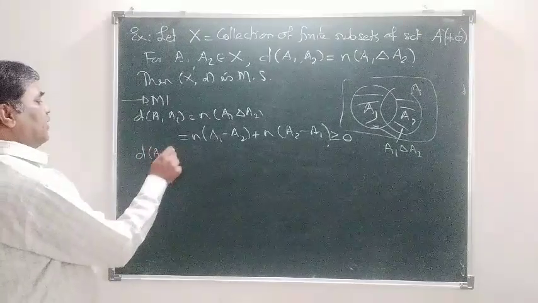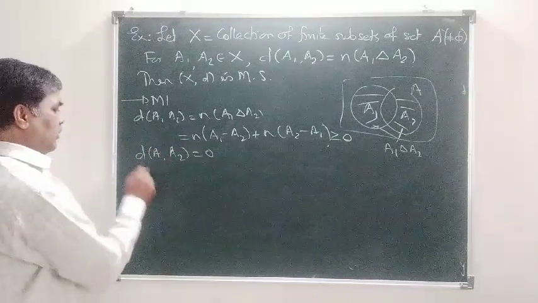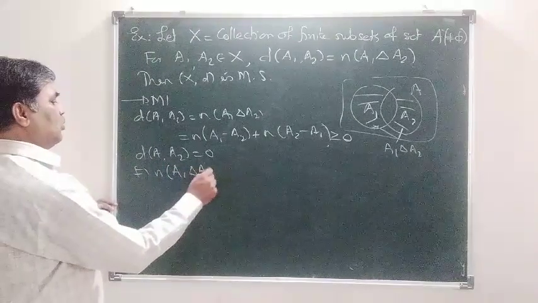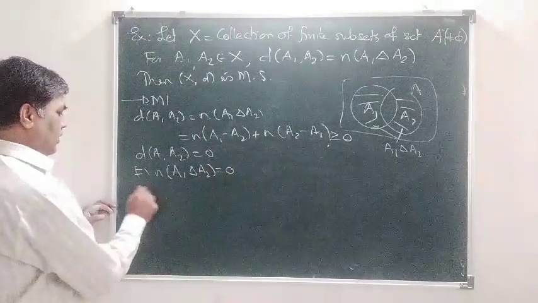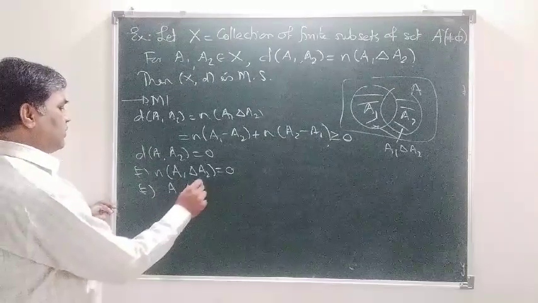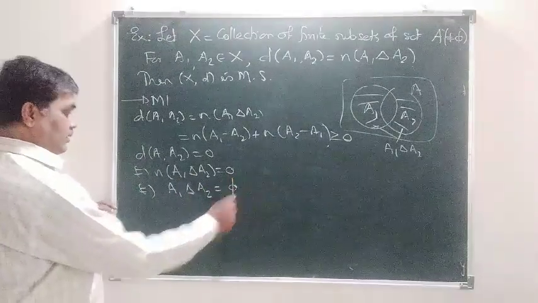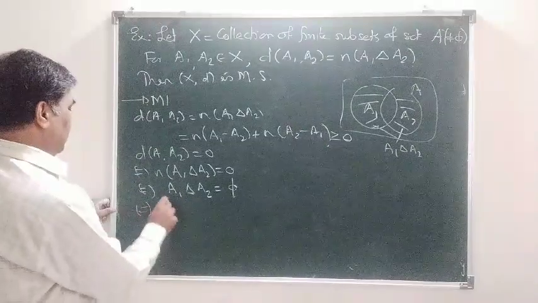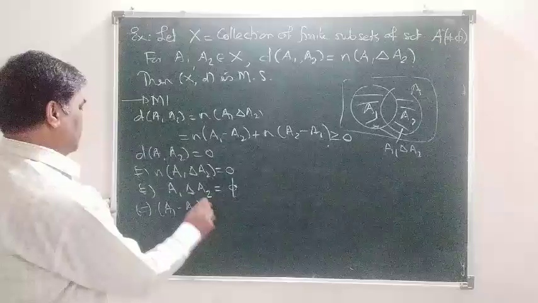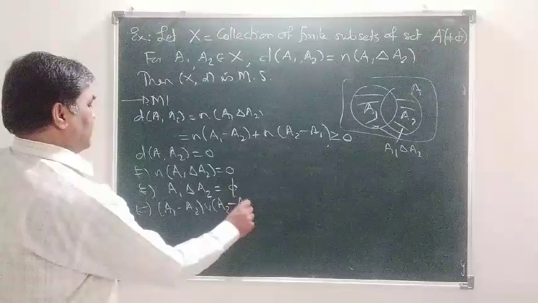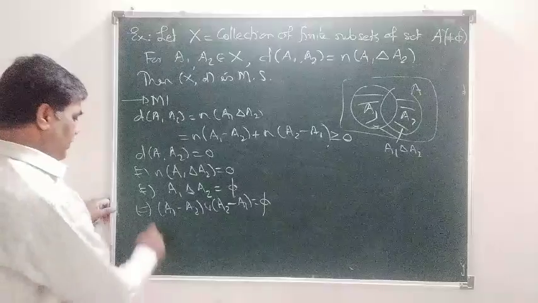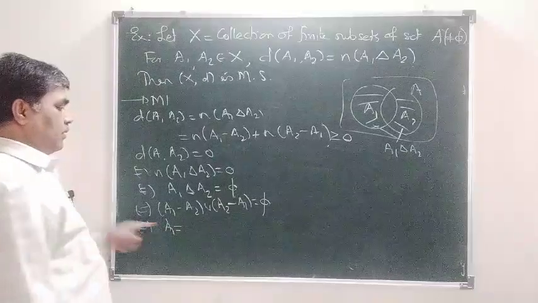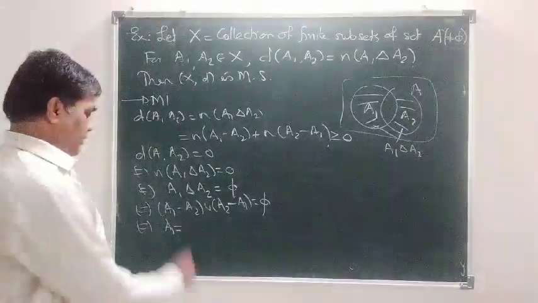M2: D of A1 A2 is 0 if and only if the number of elements in A1 symmetric difference A2 is 0, if and only if A1 symmetric difference A2 is the empty set, if and only if A1 minus A2 union A2 minus A1 is equal to phi, and if and only if A1 is equal to A2.